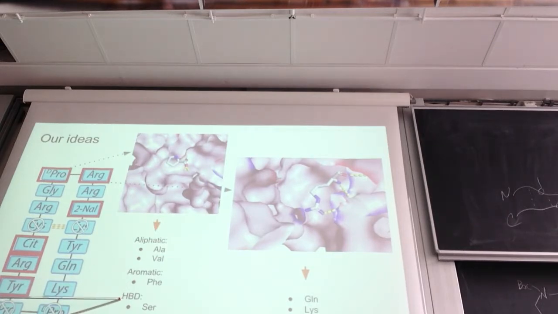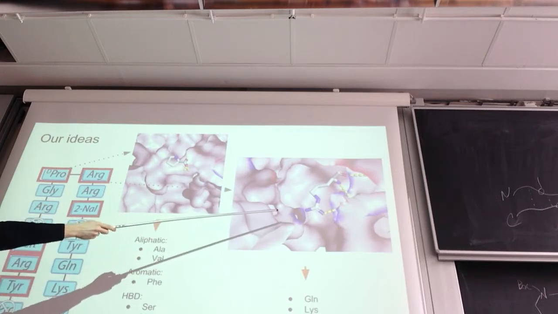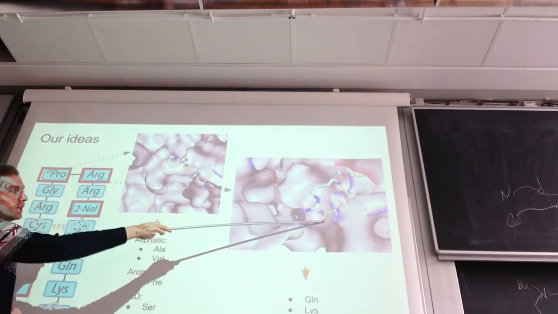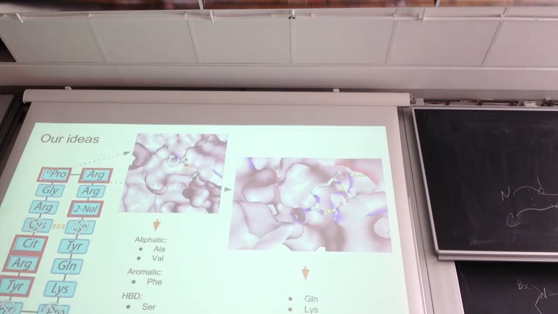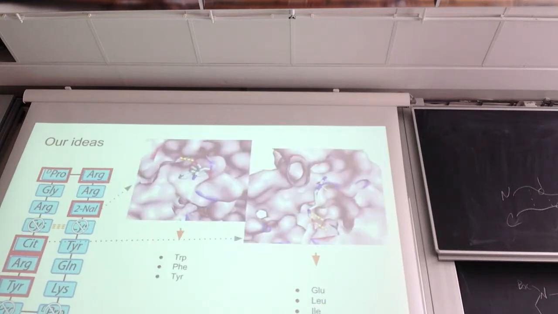Hydrogen bond donor because if you look at the structure of the protein, it is close to the hydrogen bond acceptor oxygen of the CXCR form. And you can see that adenine forms only one hydrogen bond to the protein, so we can improve it.